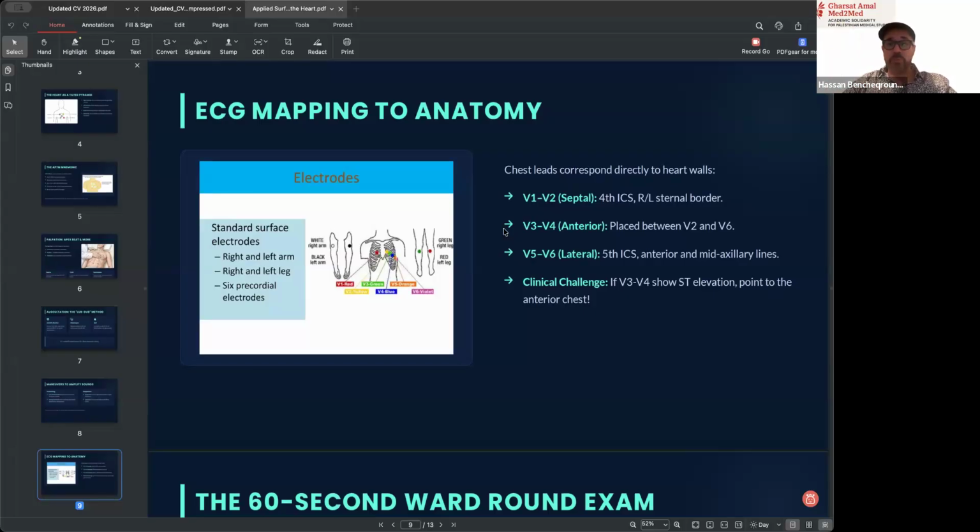For example, if you find this right here, this is V1, but then you find it in others like AVL, the left hand, and AVF, the foot. If I have it in V1, AVL, and AVF, that's where the heart attack is, guess what? It's going to be in the right heart.